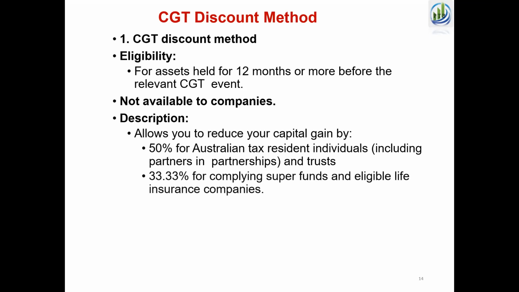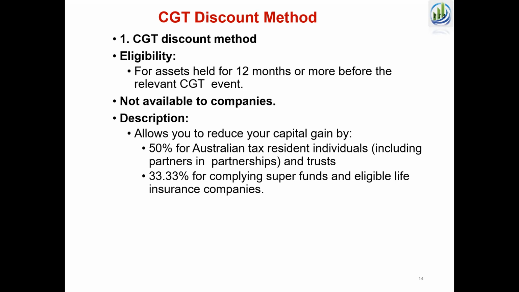For a super fund, this discount will be 33.33%. It means one third off. For example, with a $90 capital gain, you will be discounted $30, leaving $60. But if you are an individual with a $90 capital gain, you can be reduced 50%, which is $45. Your capital gain will be $45.